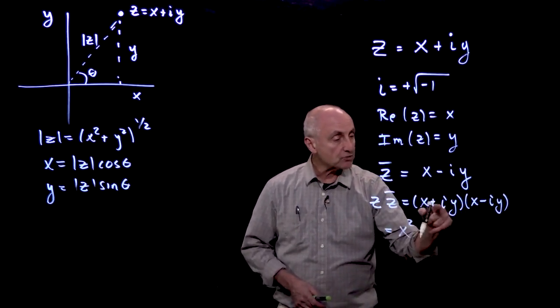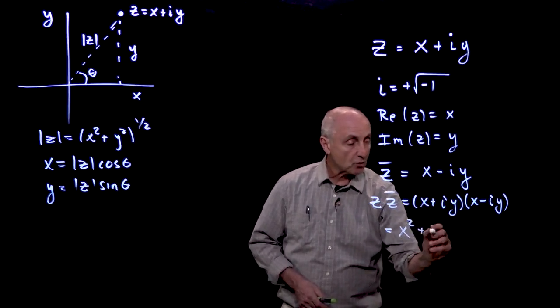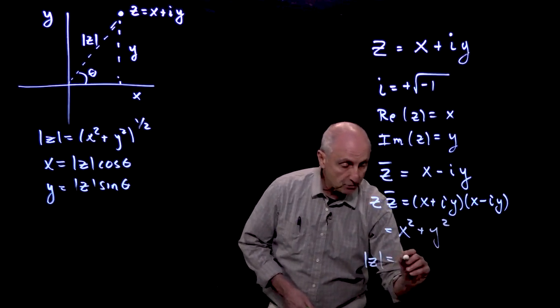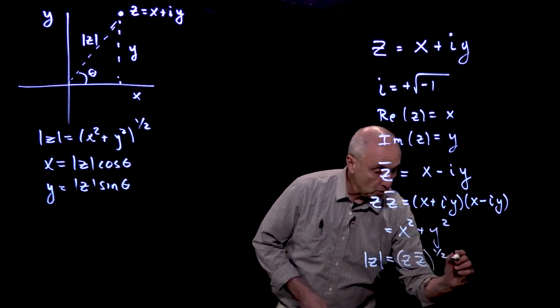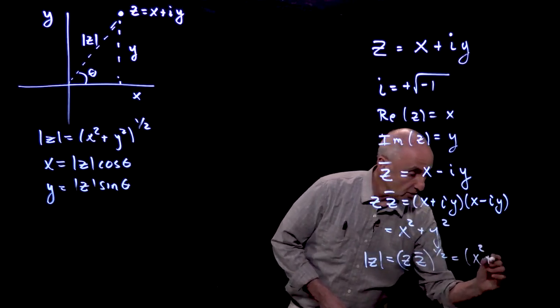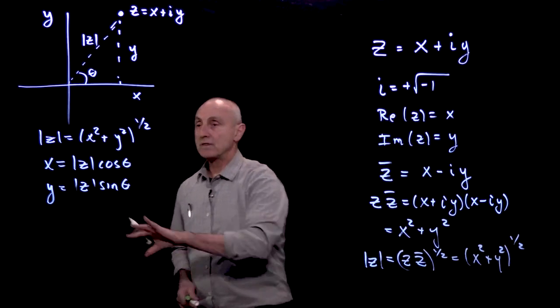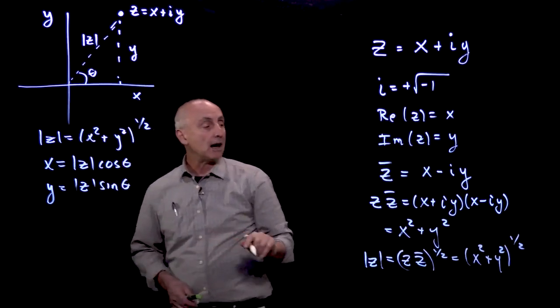Now the cross terms iyx and minus iyx vanish, plus y squared, and we define the modulus of the complex number then to be the square root of z z bar, which is equal to (x squared plus y squared) to the 1/2. So that motivates our representation of the complex number.